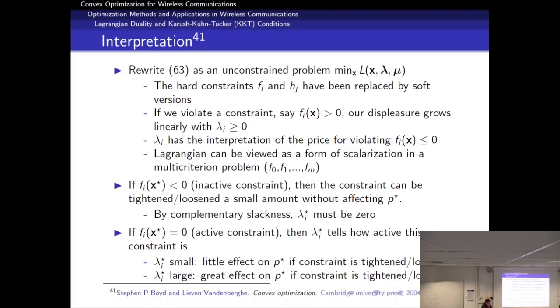But in the Lagrangian, they're replaced by a soft version. You don't impose Fi or Hj to be equal to 0 per se in your formulation. But you replace them by a soft version where your constraints are replaced by a kind of price that you pay if you don't satisfy those constraints.